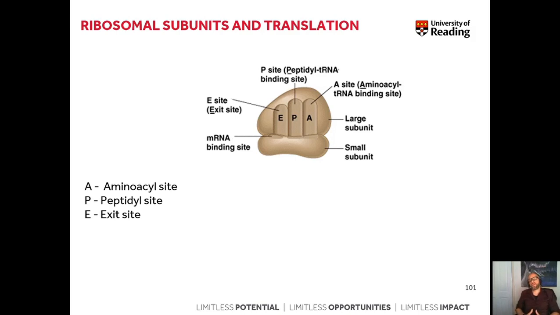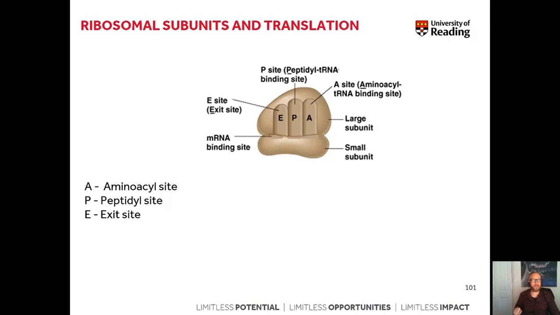So let us have a look at ribosomal subunits in translation a bit closer. In order to understand translation, you need to understand at least three different structural features of ribosomes, namely the aminoacyl site, peptidyl site, and exit site, short A, P, and E. Those are structural features on the large subunit of the ribosome.